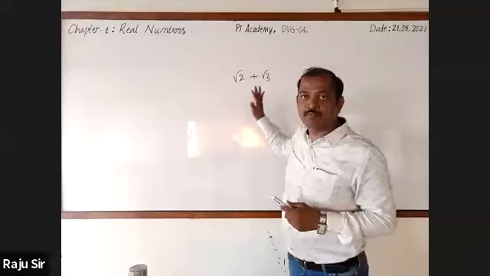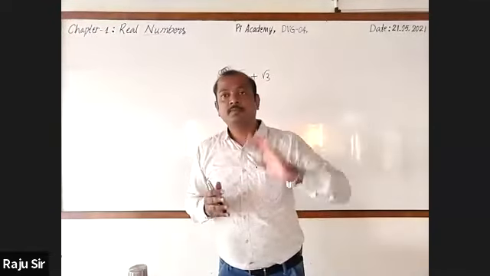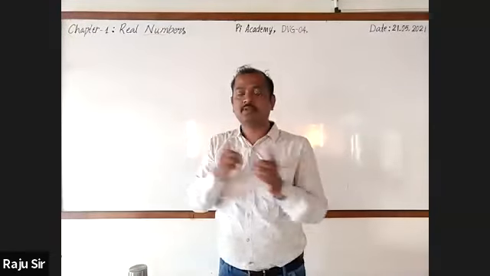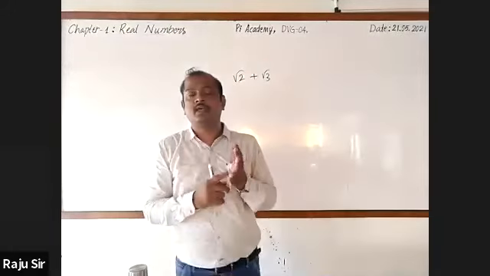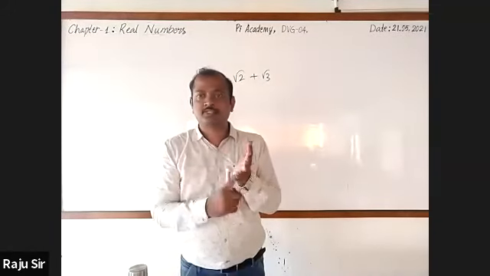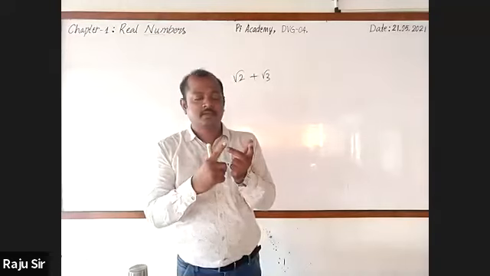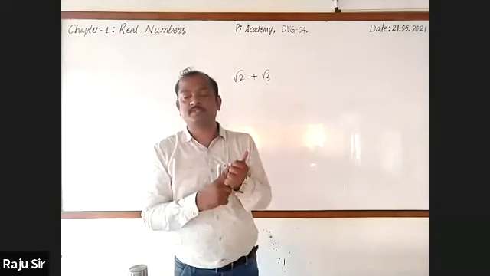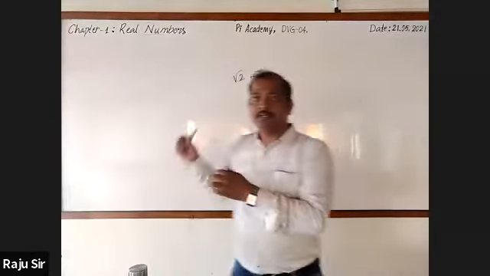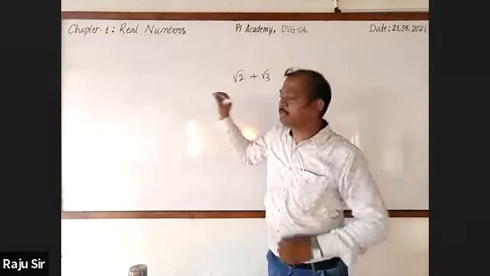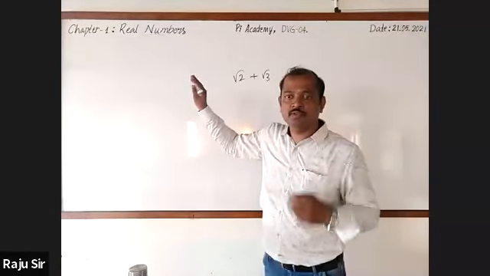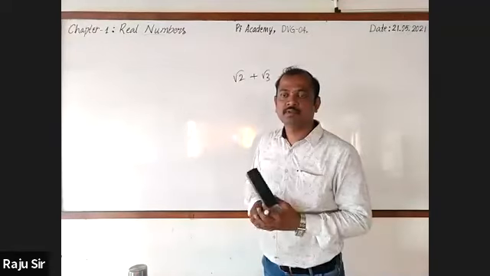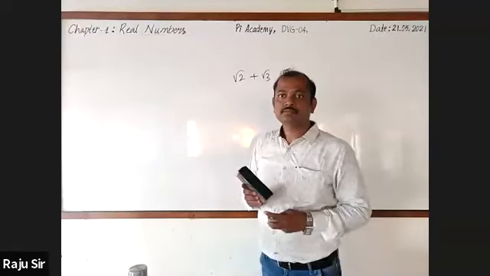This type will also be solved in additional problems, soon after completing this chapter. I'll take the problems from S. Chand, R.D. Sharma, Oswal, and your previous year question papers. In between, I will also introduce some very simple additional problems. Clear? Yes, sir. Okay.